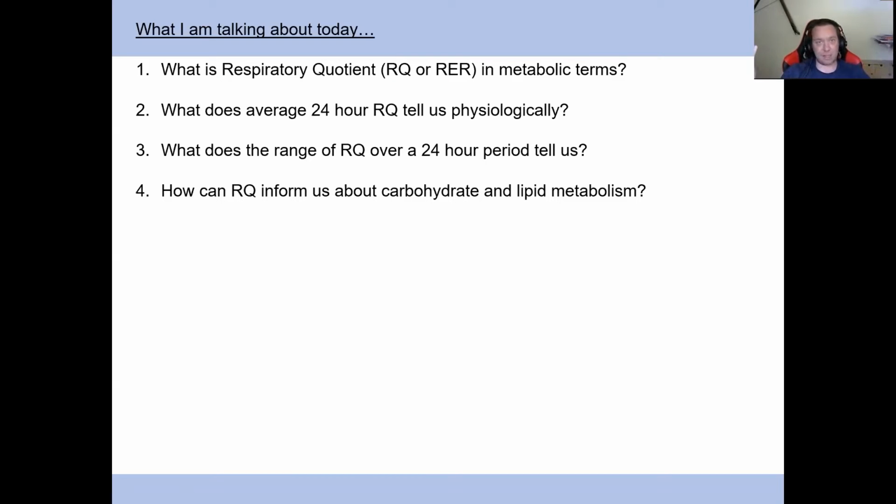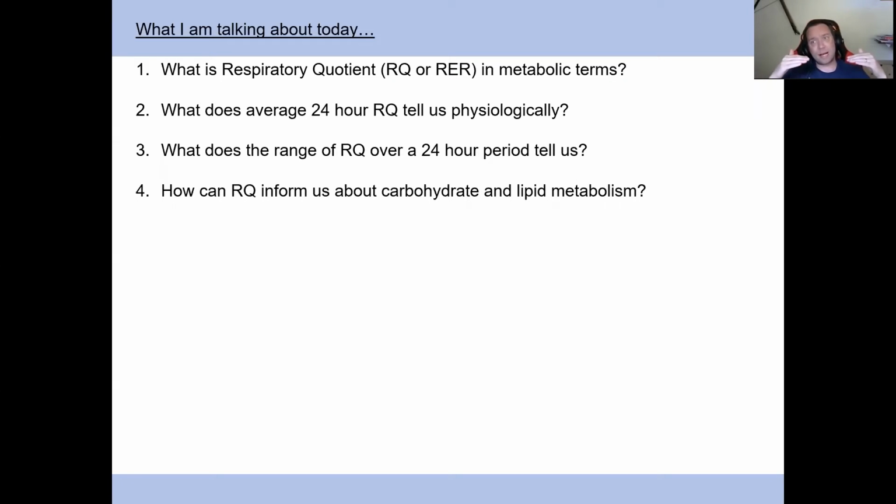What is this value? And then we're going to talk about what your respiratory quotient over a prolonged period of time tells us physiologically, and in this case, we're going to think about a prolonged period of time as a full circadian cycle, 24 hours. Then we're also going to talk about what the range of respiratory quotient over a 24-hour period tells us.